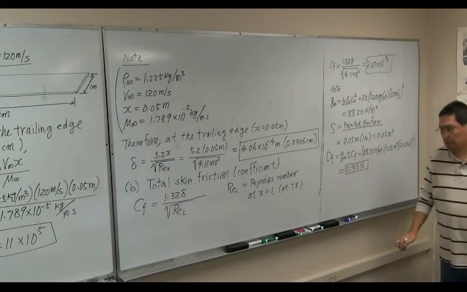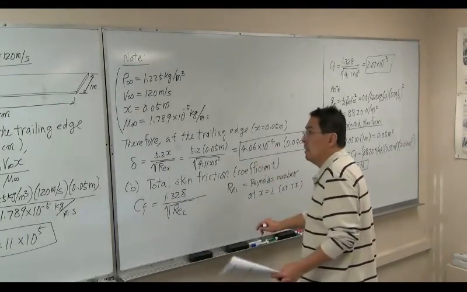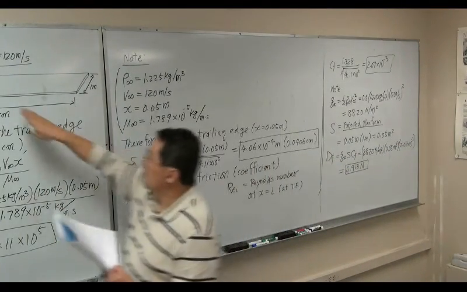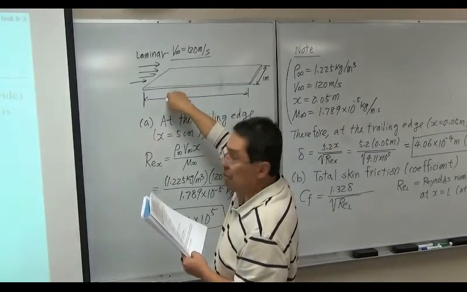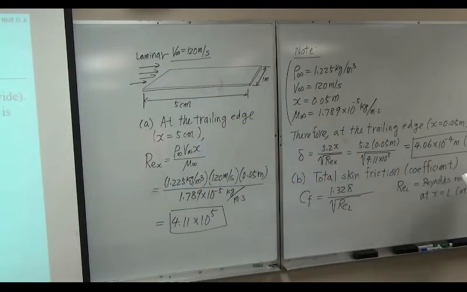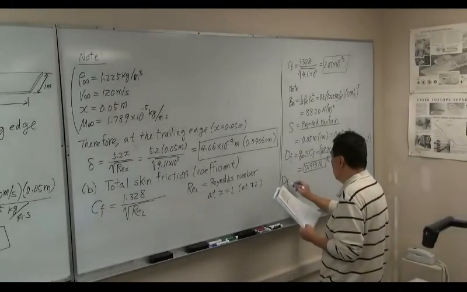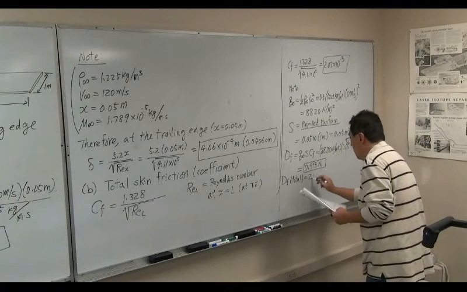Now this is not the answer here. One thing we have to be very careful about is that this drag force is developed on one surface. Now this is a flat plate placed in a free stream, so you have top and bottom, 2 surfaces. So DF total is 2 times DF.